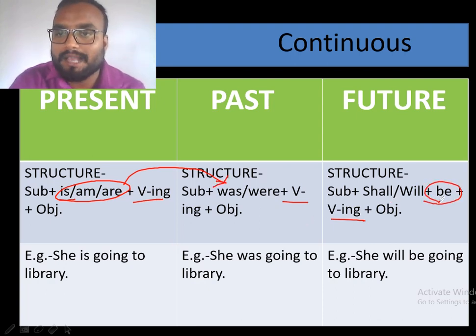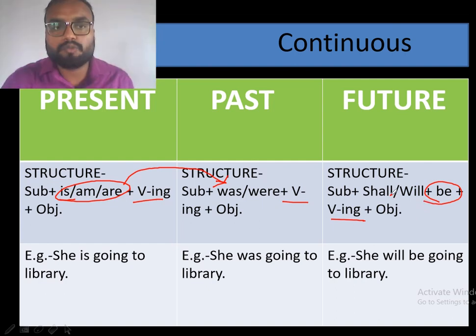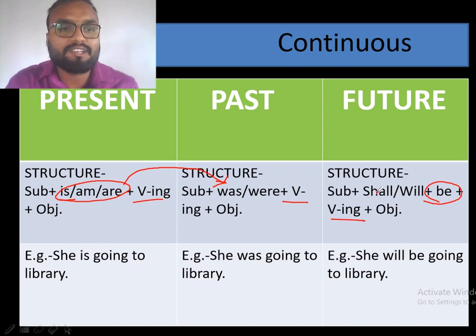Now the question is, I told you in the introduction that future tense goes parallel to present tense. So if it goes parallel to present tense, why not is, am, are used over here? Why is be used instead of is, am, are? The thing is, is, am, are are forms of be, and be is the base form of the verb.